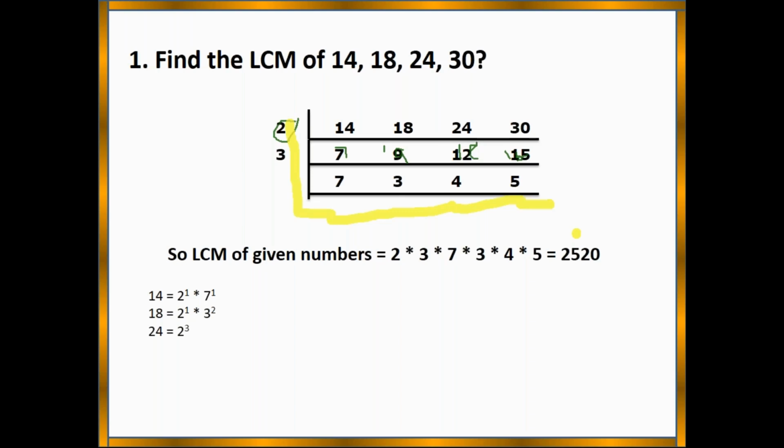And finally 30 is 6 into 5, and 6 is 2 into 3. This is the prime factorization of the given numbers.